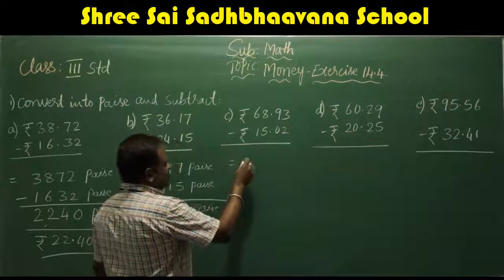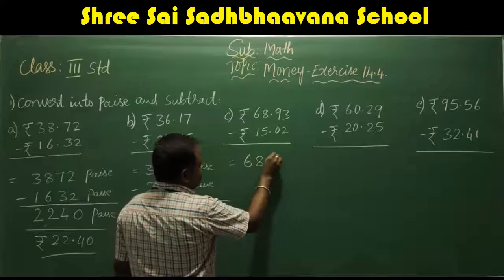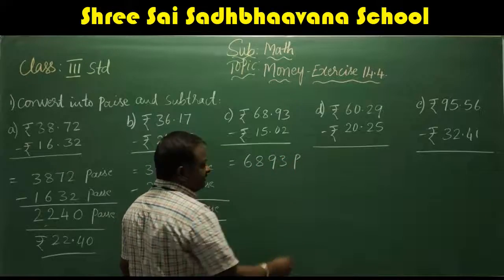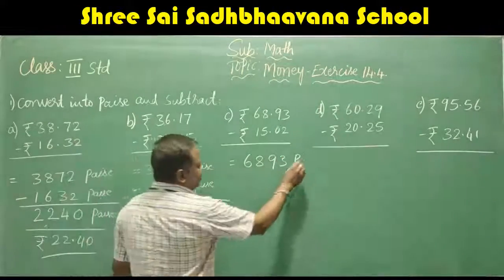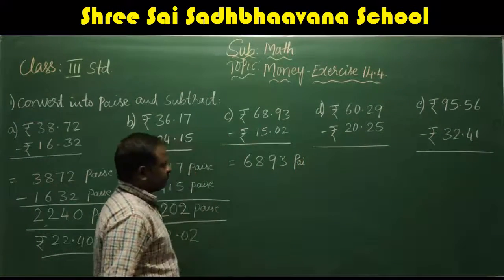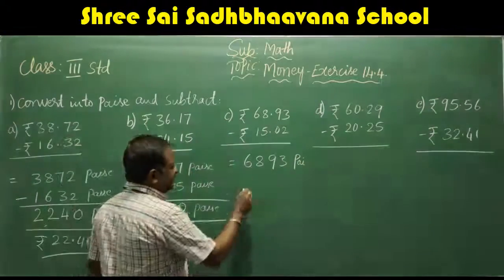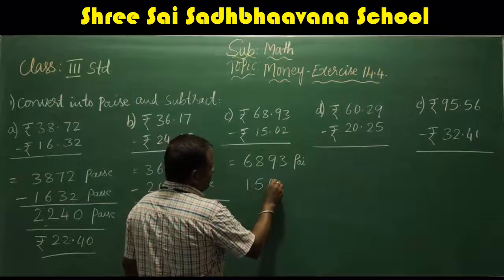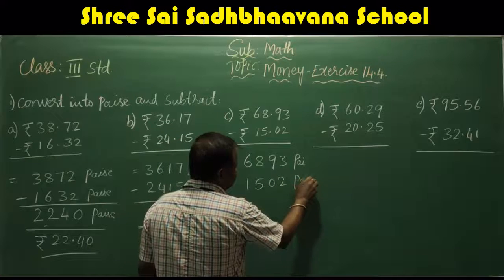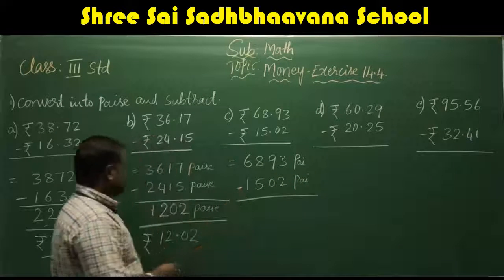Convert this into paise, that is 6893 paise. I will write P for paise. Next, this can be written as 1502 paise. Subtract.